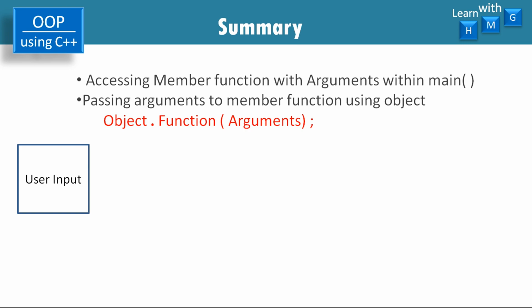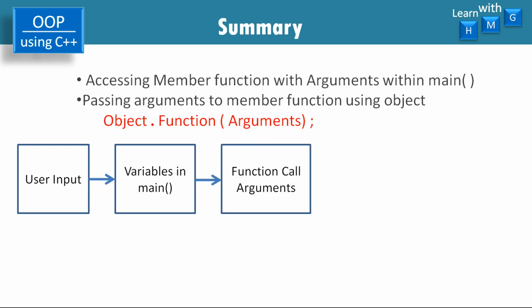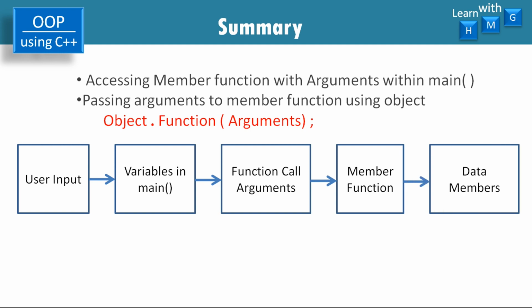These values will be stored in the variables in the main function like no, nm and cost or the price. Then these variables are passed as actual arguments to the function call. Then the function call will be there in terms of the member function, and through member functions the data members will be initialized. So like this, the user input will go into the data members in these five steps.